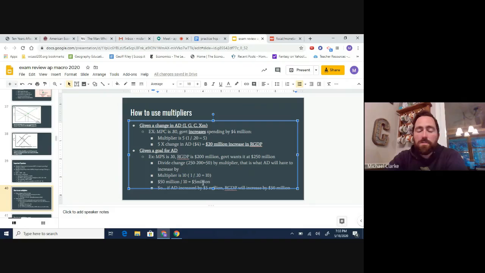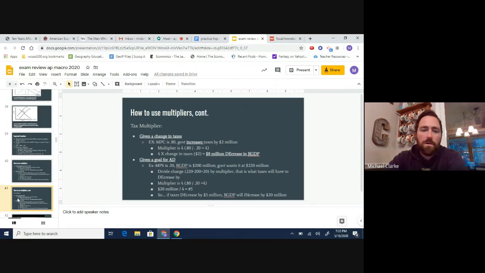Which means that if the government wanted to get GDP from $200 million to $250 million, you would have to increase consumer spending, investment spending, business, government spending, or net exports, one of them. You've got to increase it by $5 million. You can validate it by using the multiplier. 10 times 5 would be 50 million. So you'd be able to close the gap. Okay.